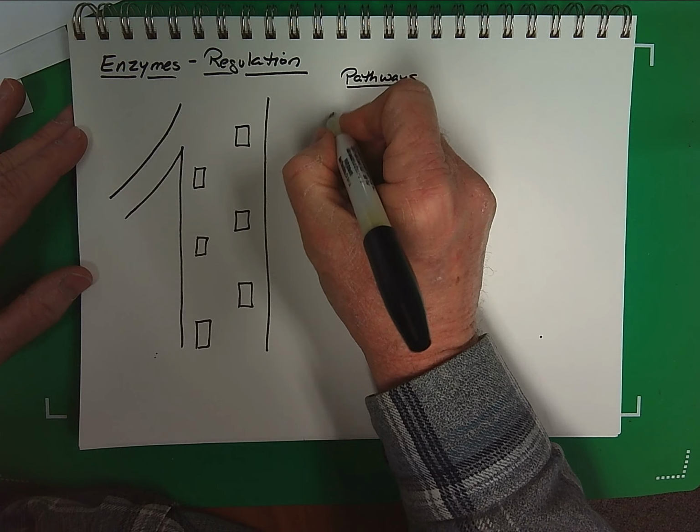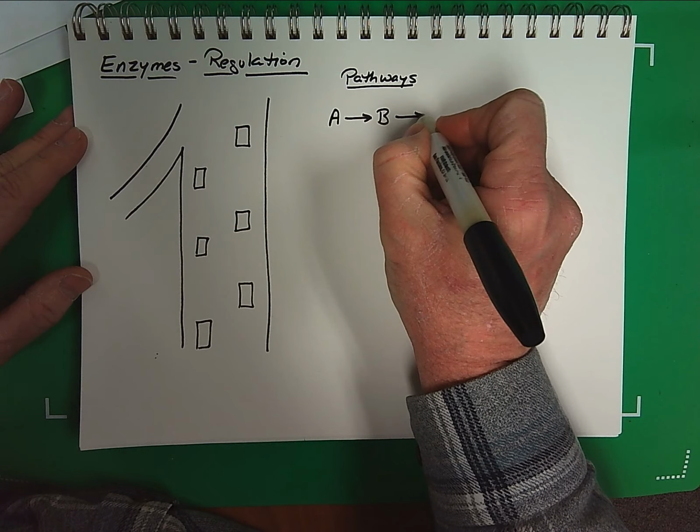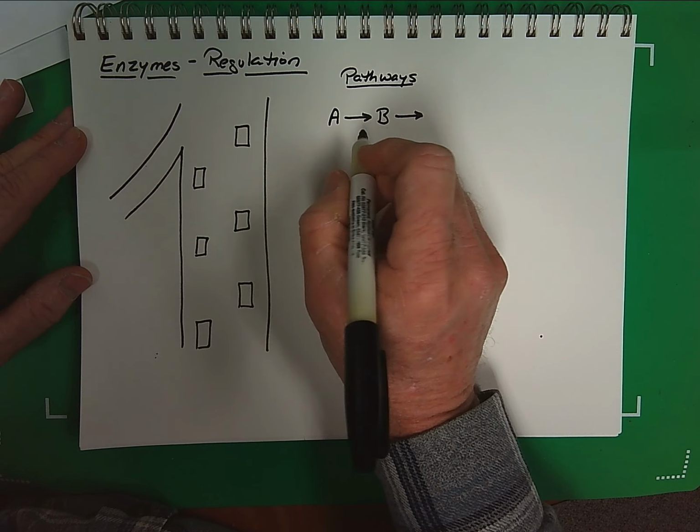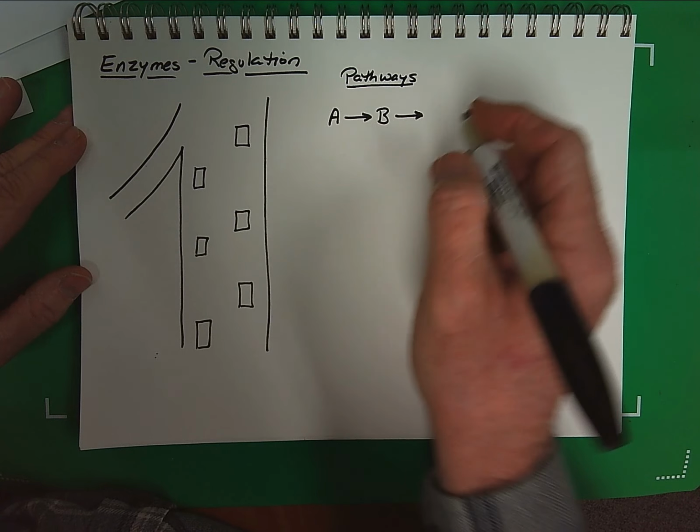We talked about single reactions where we have substrate A forming product B, but biochemistry is largely involved in combining these reactions in pathways.